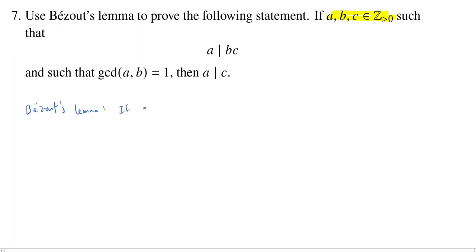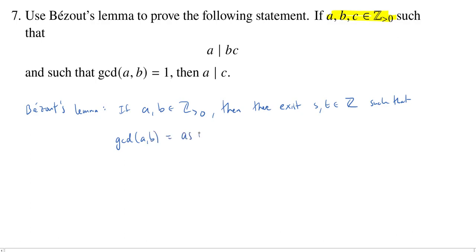So if a and b are positive integers, then there exist integers, let's call them s and t, such that the GCD of a and b can be written as a times s plus b times t.